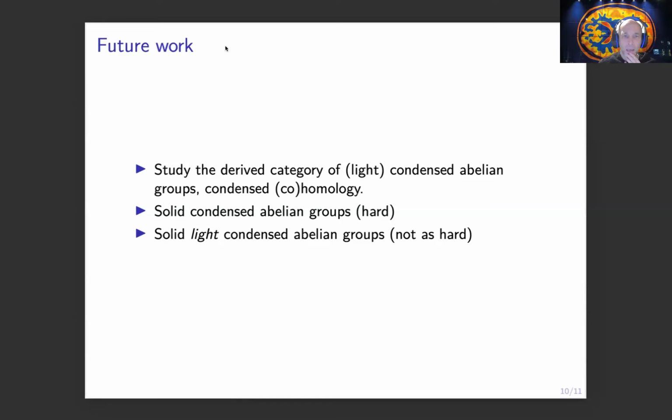But the old condensed stuff is still there, and who knows? Maybe it turns out that there are some applications where you actually have to use the old ones and not the light ones. I don't know. Time will tell.